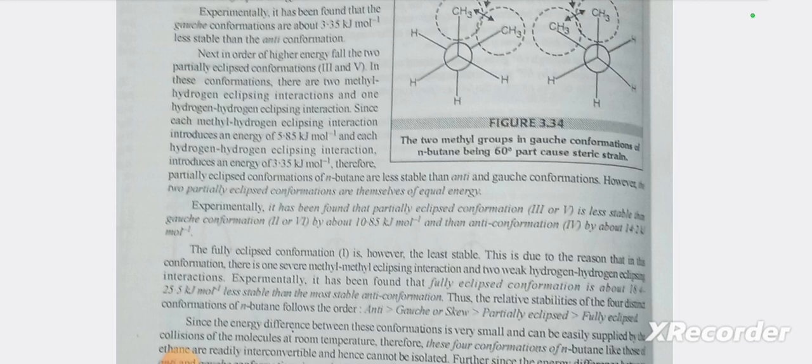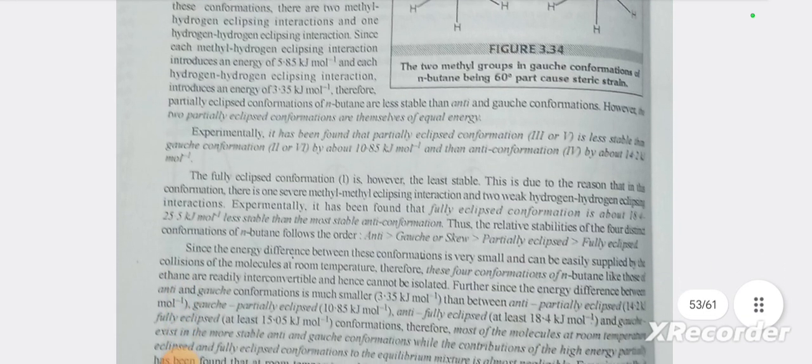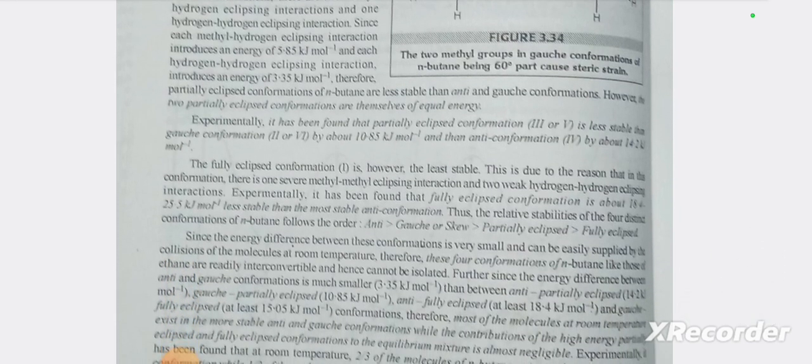In the next order of higher energy fall the partially eclipsed conformations, third and fifth. In these conformations there are 2 methyl-hydrogen eclipsing interactions and 1 hydrogen-hydrogen eclipsing interaction.